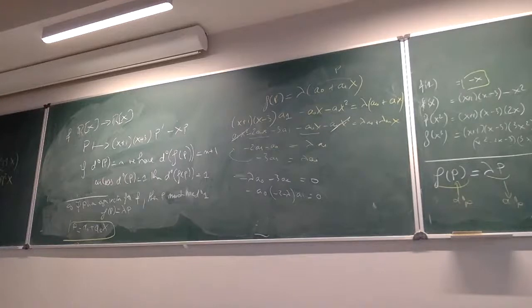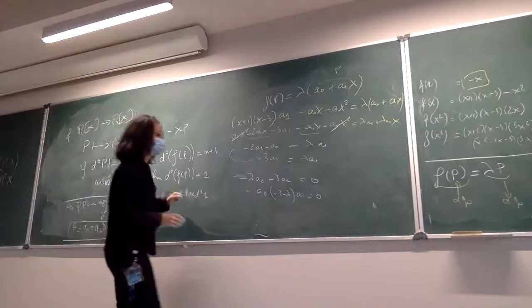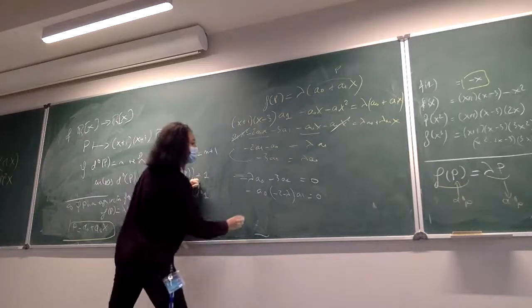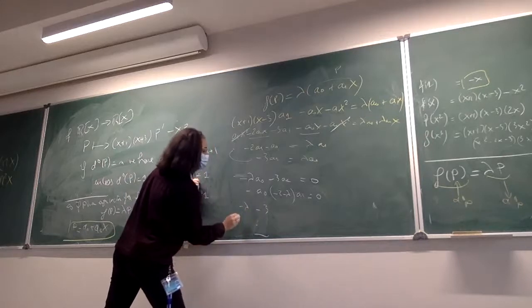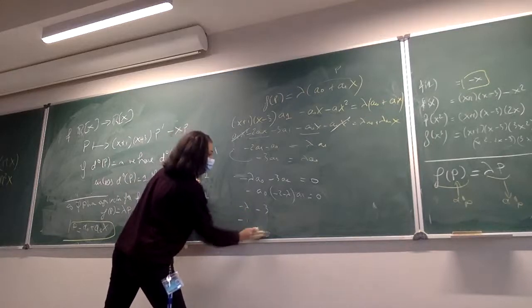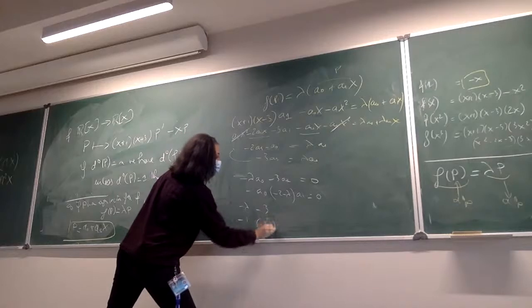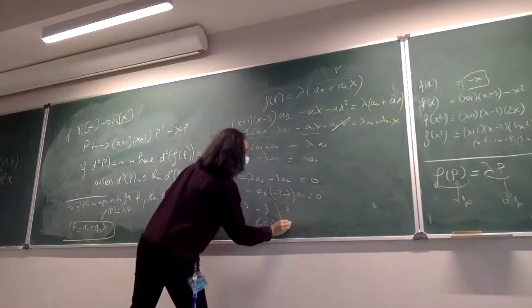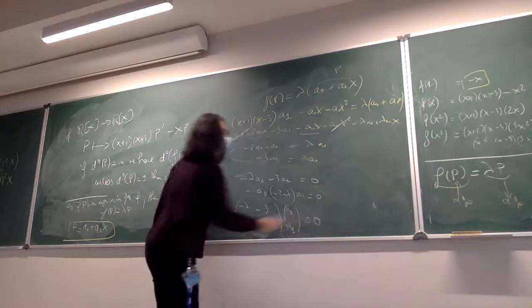So what are we looking for? We're looking for things that can be written as the matrix with rows (minus lambda, minus 3) and (minus 1, minus 2 minus lambda), times (a0, a1), equals 0.